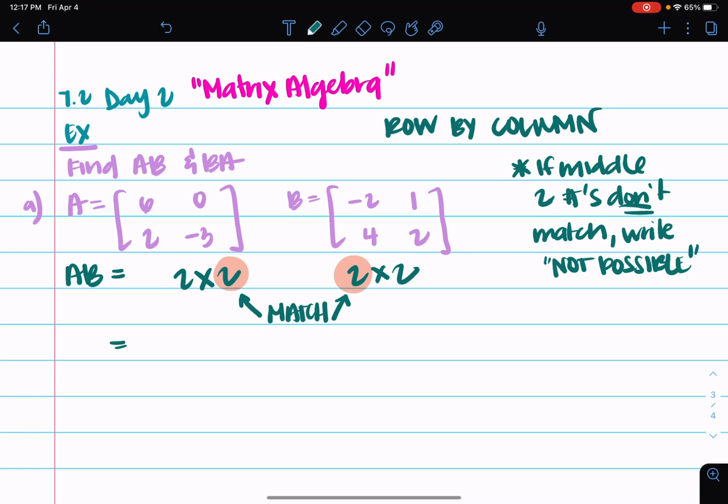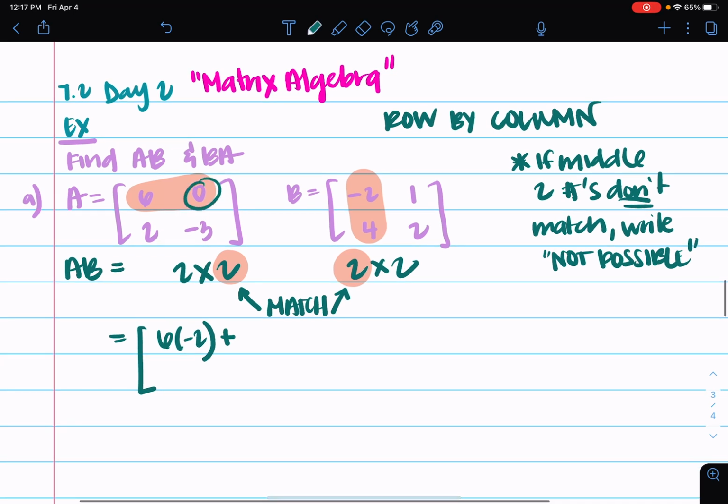So how we're going to do this is we're going to go row by column. First we have 6 times negative 2 plus 0 times 4.